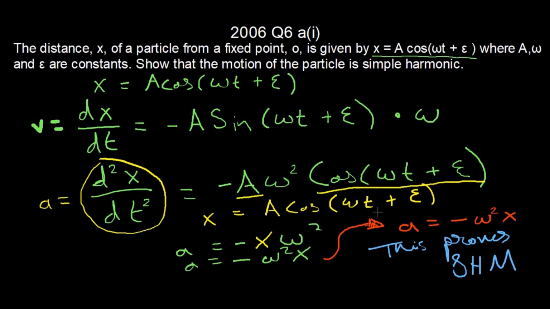This proves SHM because once we differentiated it twice, we went from having an x to having acceleration. And then once we have the expression for acceleration, we substitute x that they originally gave us into the equation to end up back with a is equal to minus omega squared x. Since we got a fundamental equation after doing a lot of valid processes, this proves simple harmonic motion. This equation was true for simple harmonic motion.